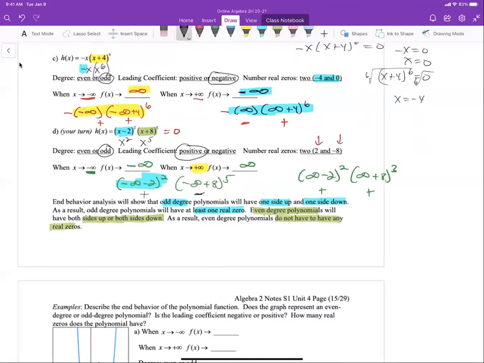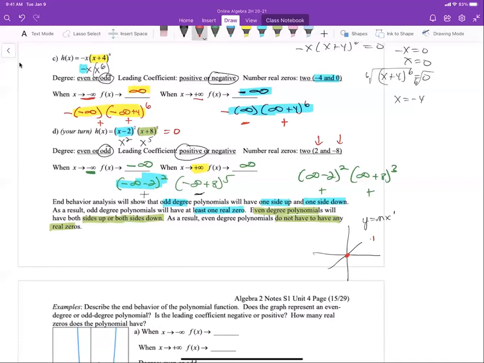You've actually seen this before. So let's take the odd one. So odd would be something like, I don't know, y equals mx. That's a line. It's to the 1 power. That is odd. No matter what, we will for sure have a 0. And notice that we have one side up, right?